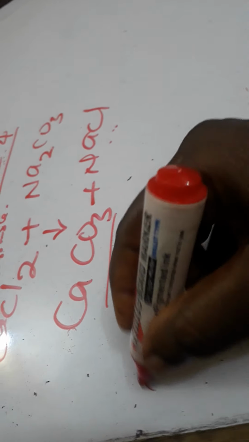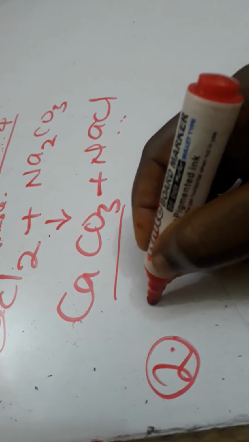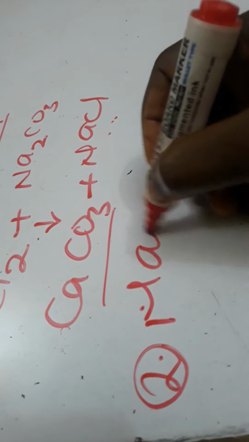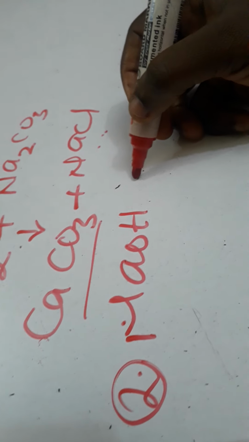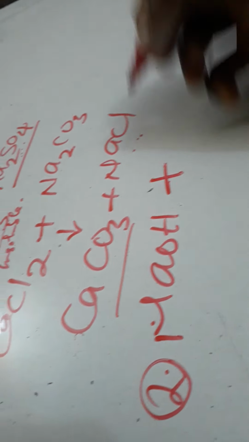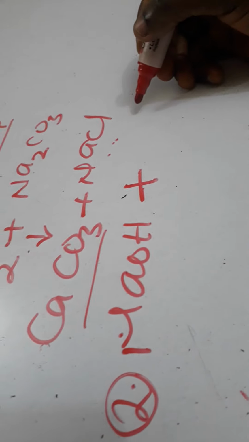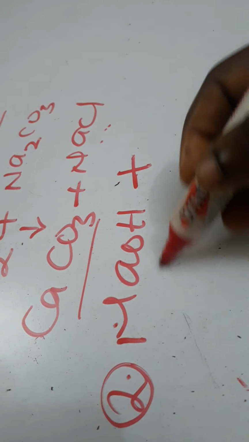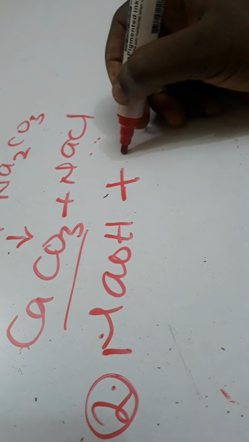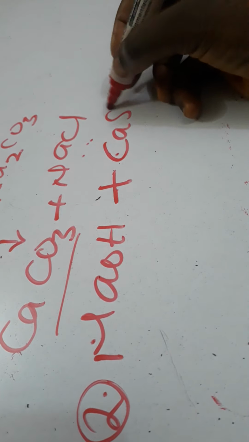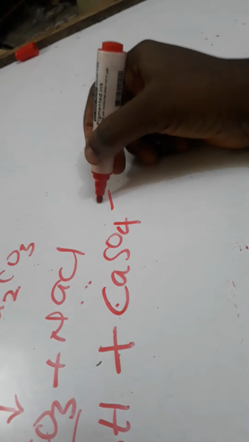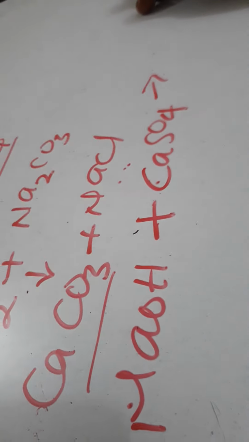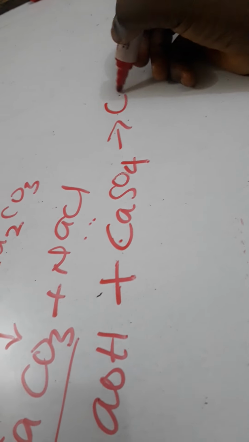Now the second method we can use is sodium hydroxide. That's caustic soda. The first, for temporary hardness, we use slaked lime. This is caustic soda. And when we use this with any of the compounds forming hardness of water, what we end up getting is a hydroxide.